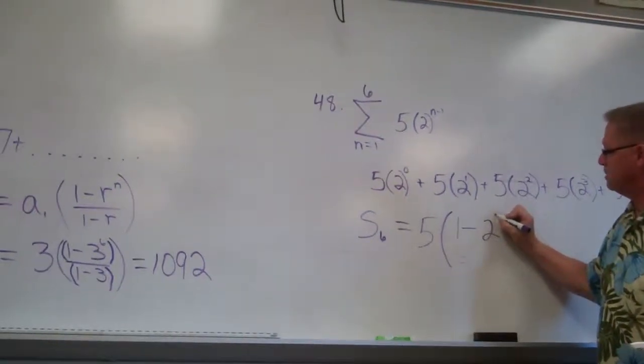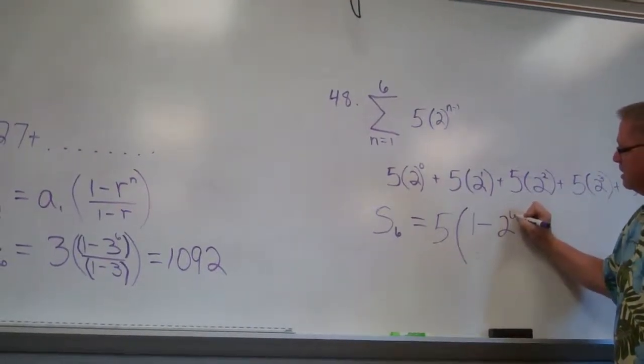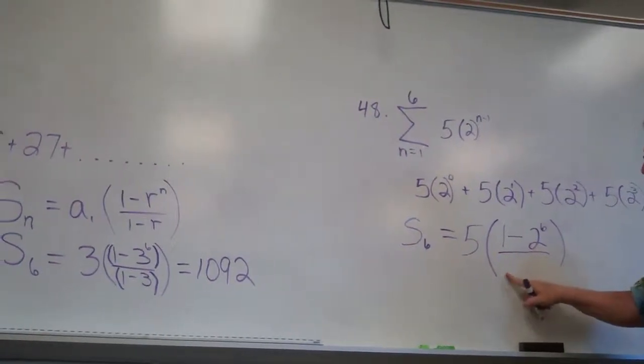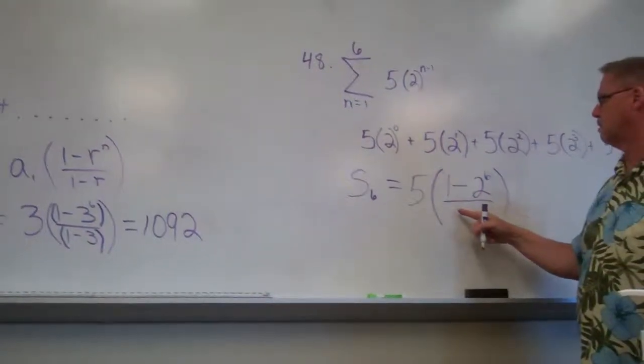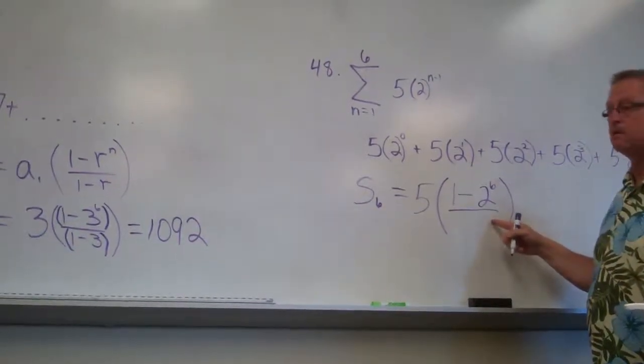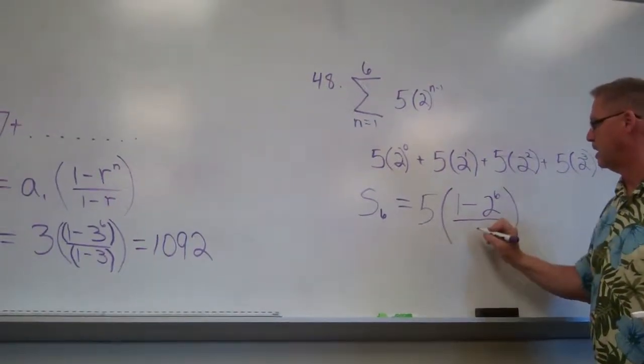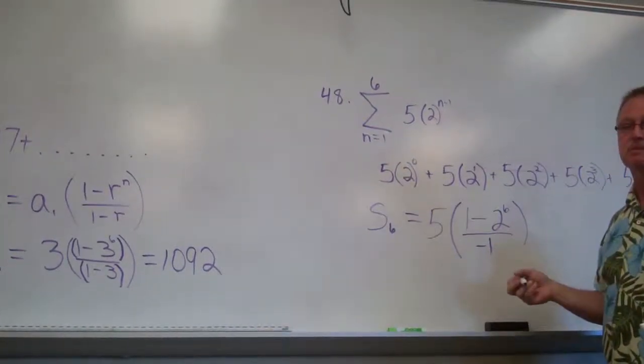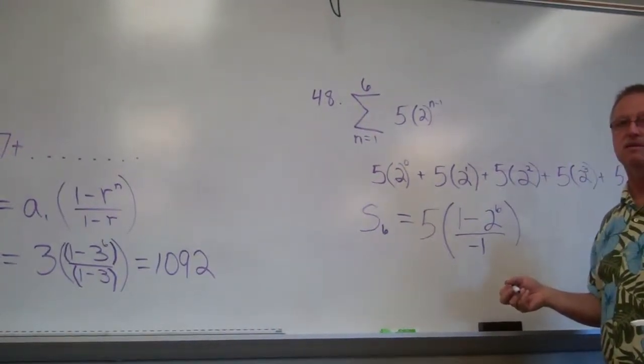To the n, so I'm going to put a 6 there, right, Connor? Yep. What do I have to put on the bottom? 1 minus 2. I'm just going to put a minus 1 there because I think it gave a lot of people fits and extra parentheses in their calculators.